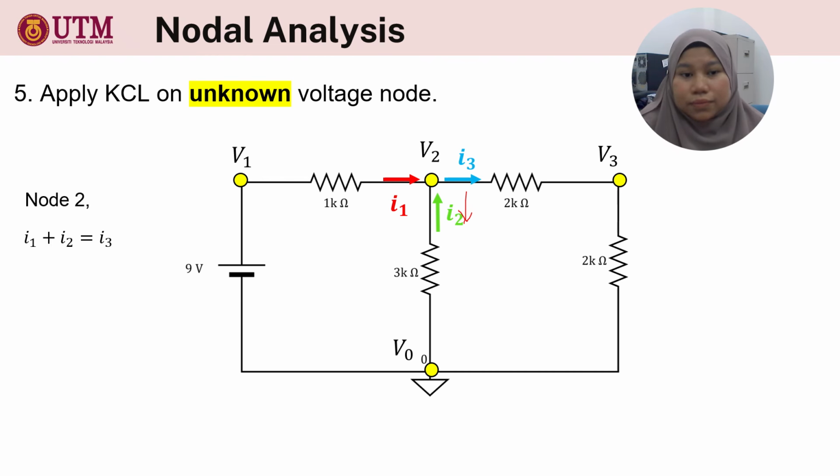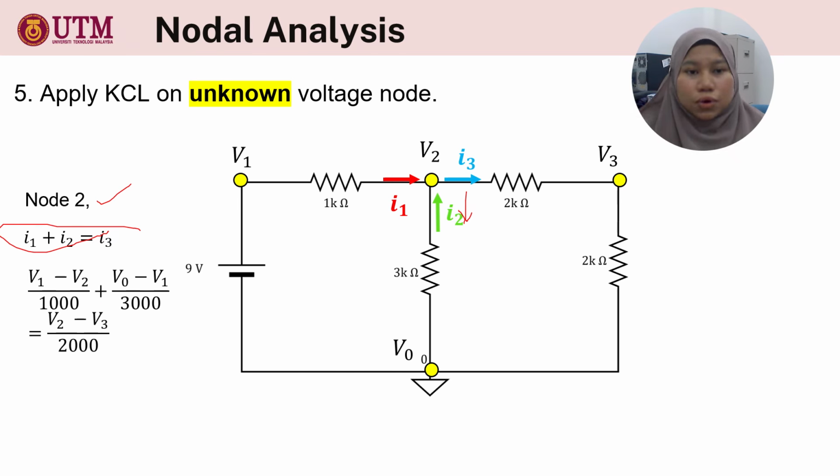So in node V2, in node 2, this is how you write it in your answer script. Node 2, using KCL, I1 plus I2 equal to I3.